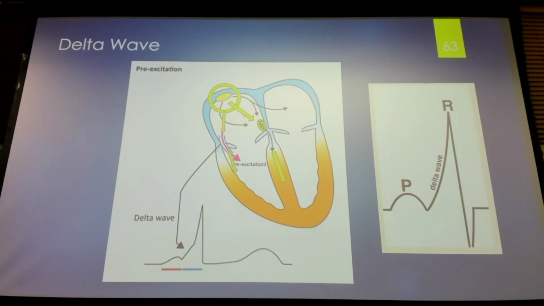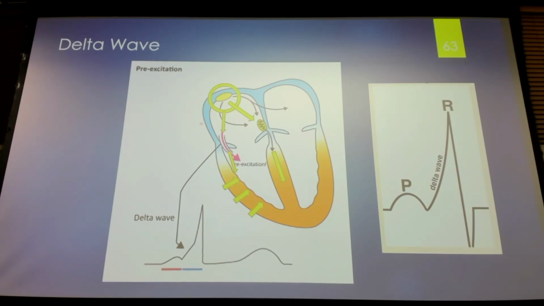If that happens, then depending on which side the accessory pathway is on, it's going to depolarize that side of the ventricle a little bit earlier than the other ventricle will get depolarized.